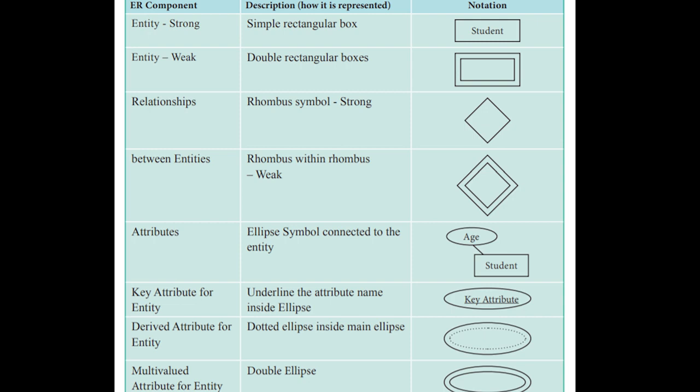Relationship is a rhombus; a weak relationship is a double rhombus, a rhombus within a rhombus. Attributes are ellipses. For key attributes, the attribute name inside the ellipse is underlined. A derived attribute is a dotted ellipse. A multi-valued attribute is a double ellipse. Are you all clear on this ER model?